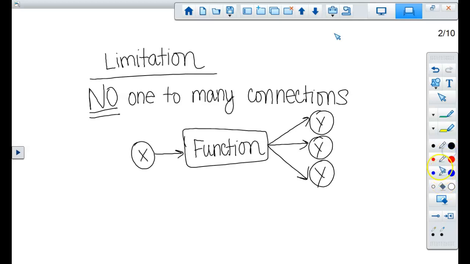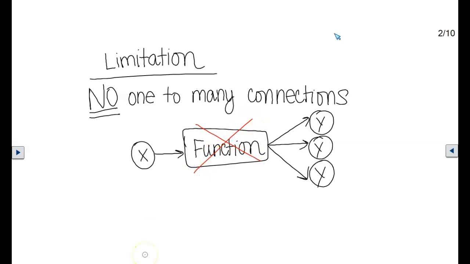If that happens, that I put in one single x value, one particular x value, and the function connects it to a whole bunch of different y values, then that's not a function. A function cannot do that. It can't take one particular x value and connect it to many different y values.